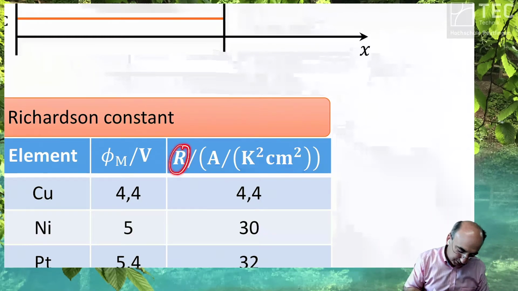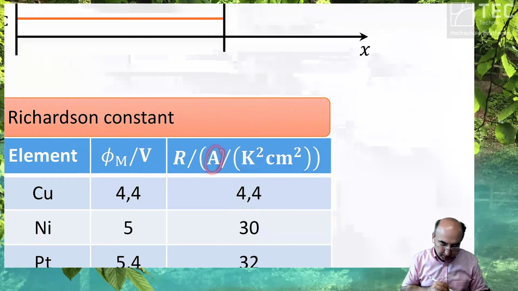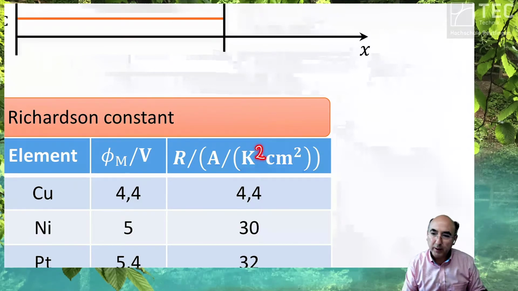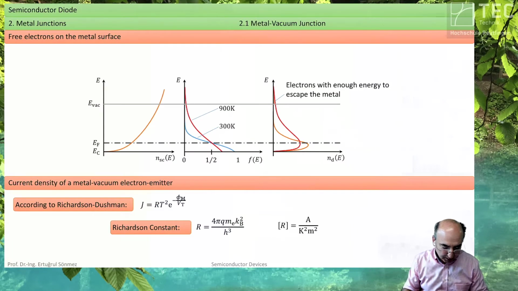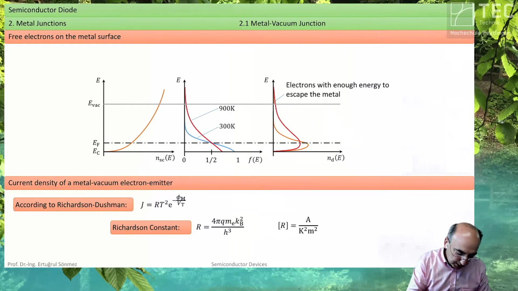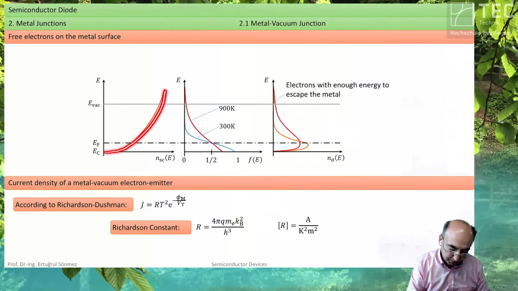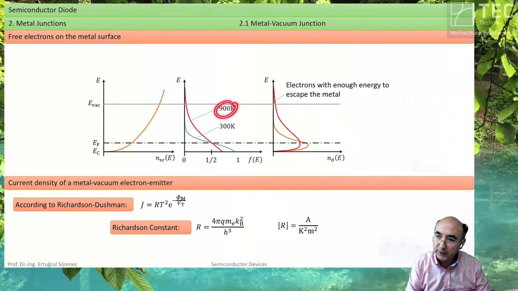And the Richardson constant combines the current level to the temperature, which has a linkage with square. If you have now also for the metal density of states, which is also parabolic, and the Fermi-Dirac statistics for the metal, you heat it up really, so it is glowing red.